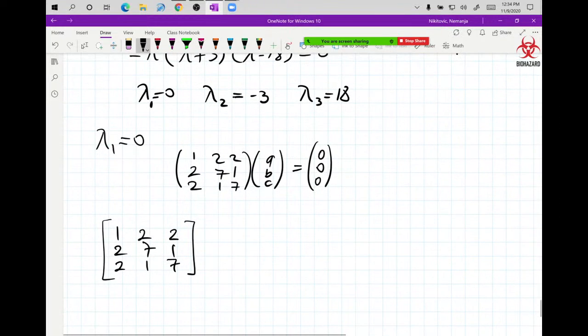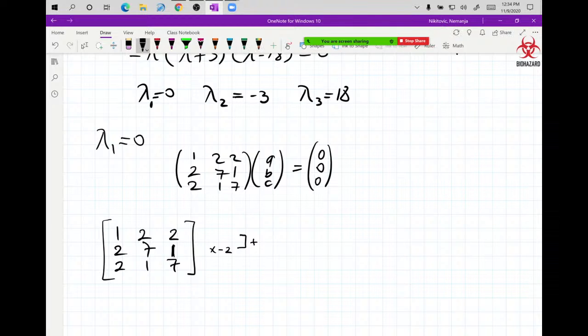I'm going to eliminate, let's say, these guys. So I need to multiply row 2 by -2 and add that to row 1, and that would eliminate this one, and the one will become 0.